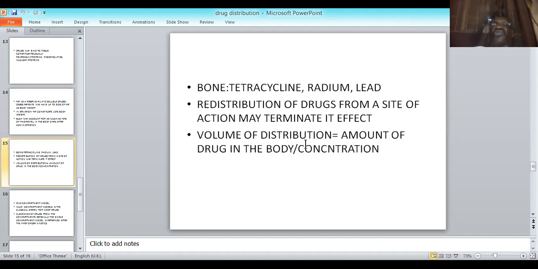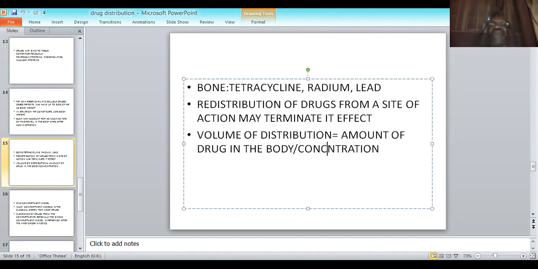The volume of distribution of the drug is equal to amount of drug in the body divided by concentration of the drug. Amount of drug in the body divided by the concentration of drug in the body. So it means when the volume of distribution of the drug is high, by implication, the amount of drug in the body is either very high or the concentration is not much.